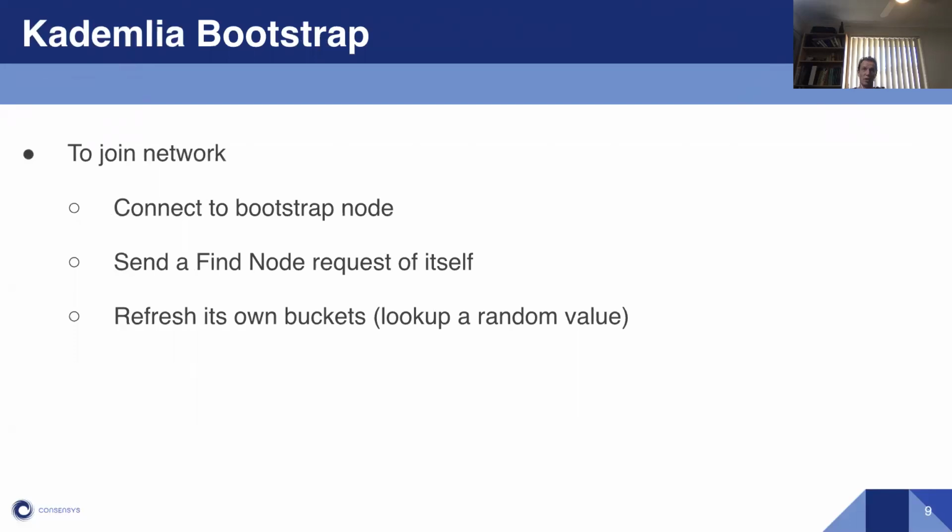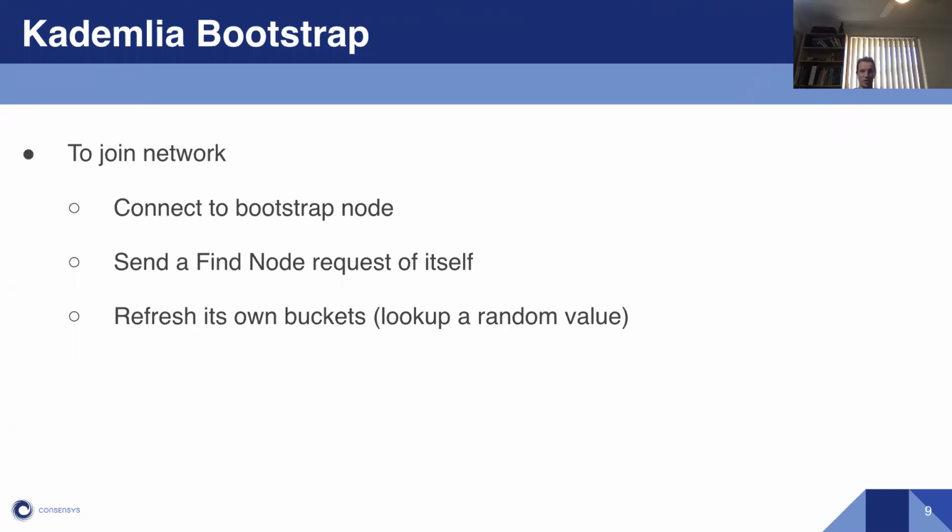So when you're bootstrapping and you want to join a network, you connect to a bootstrap node and you send a find node request of yourself. Whenever you send out a find node request, as a part of that message you'll send out the node ID that you're finding, and you'll get back a response of all the neighbors to that node.